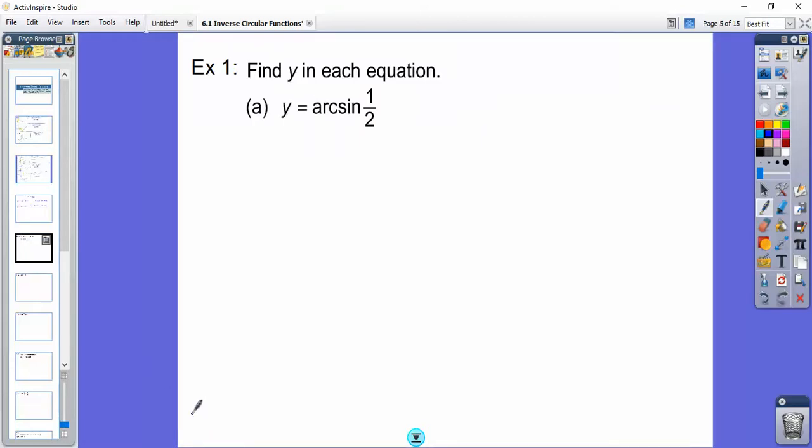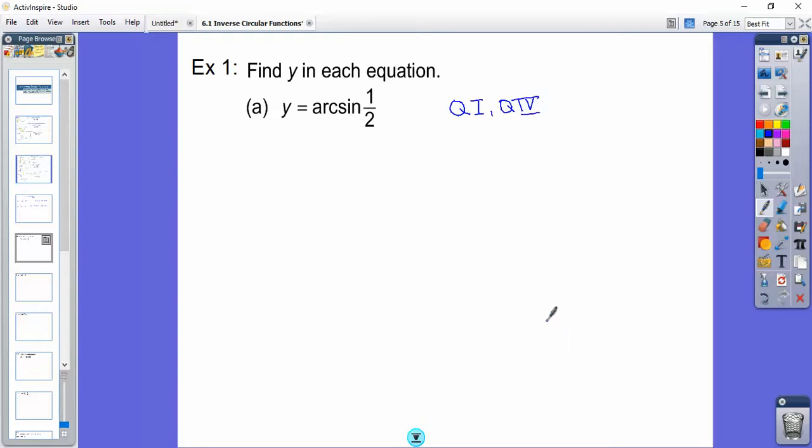Alright, we're just going to start evaluating some now. I want you to find the y that makes this true. This comes back to your unit circle, guys. If you are rusty on that, you might need to draw a blank one in practice. When I see arcsine, I know right away I have to be in either quadrant 1 or quadrant 4.